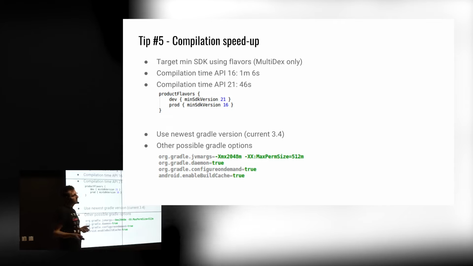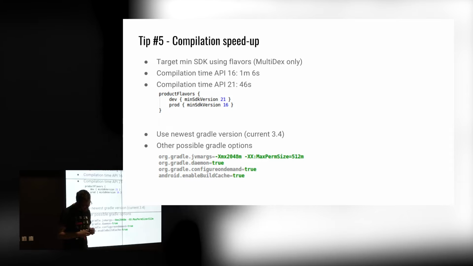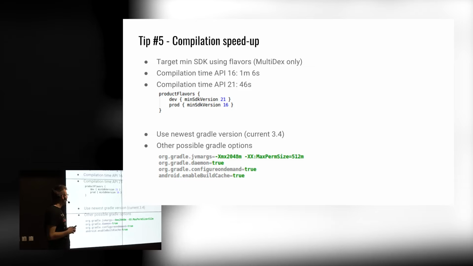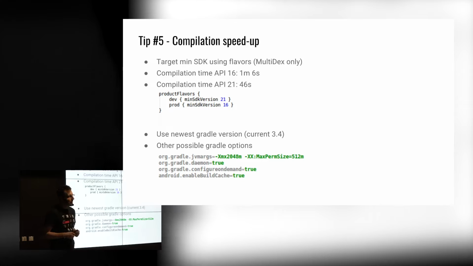When we have more methods, we need to make more dex files, and multidex will put them together. And when you're compiling with minimum SDK API 16, sorry for that, it takes more time because it's putting them together. On my medium-sized project, it takes about 1 minute and 6 seconds.